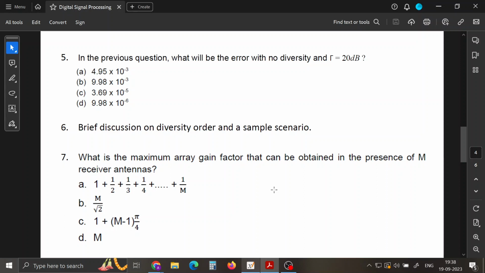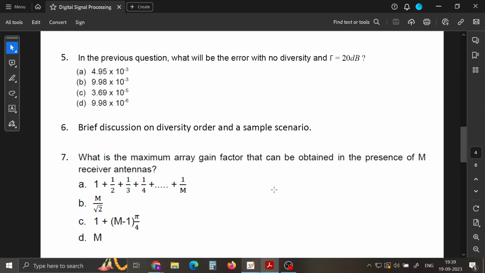Okay, that's a good improvement, but the best that we can do is up to M. We can simply multiply the average SNR by a factor of M, because let's say there are M antennas, all have the same average SNR gamma, and if you do MRC, maximal ratio combining, that's the key strategy, that's the best.